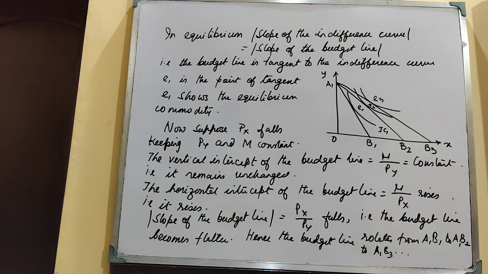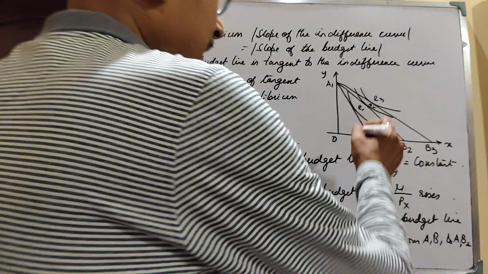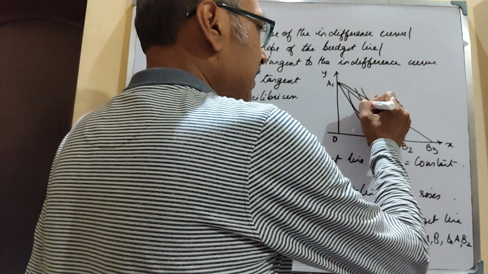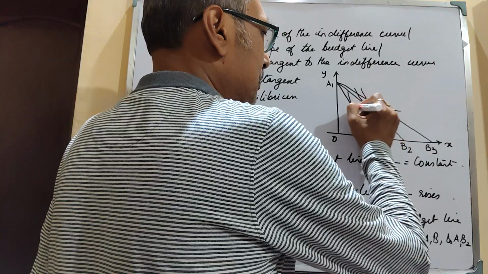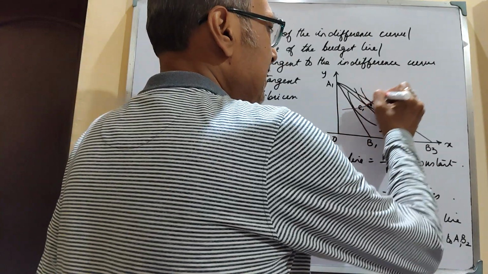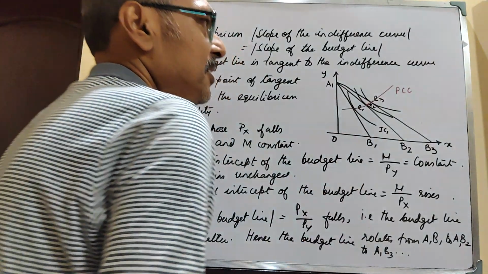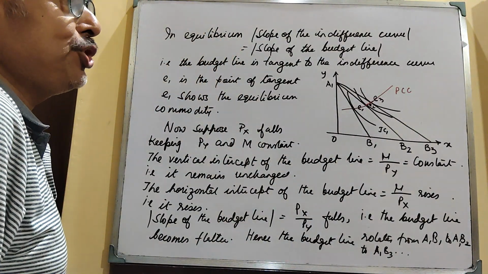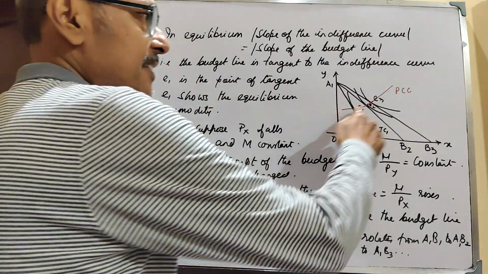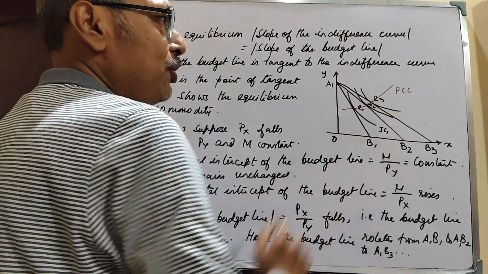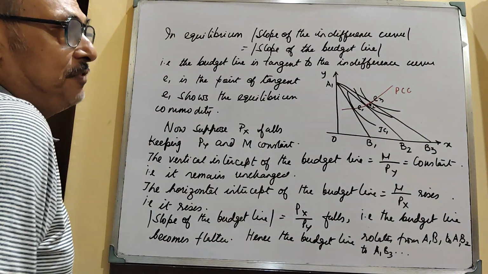I am drawing it with a red line. This is the PCC. The red line shows the relevant portion of the PCC.